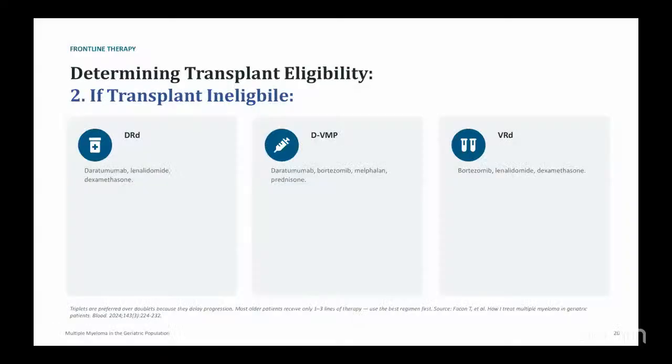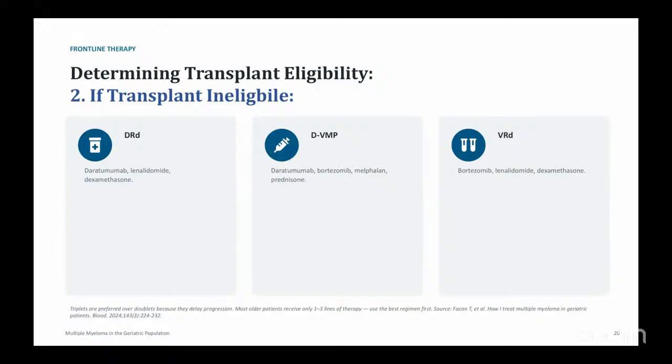Now, for the transplant ineligible patients, there are a variety of agents and combinations that are available, such as the DRD, the daratumumab VMP, the VRD combination. Overall, the principle in multiple myeloma is that combination therapy is generally more effective than doublet therapy.